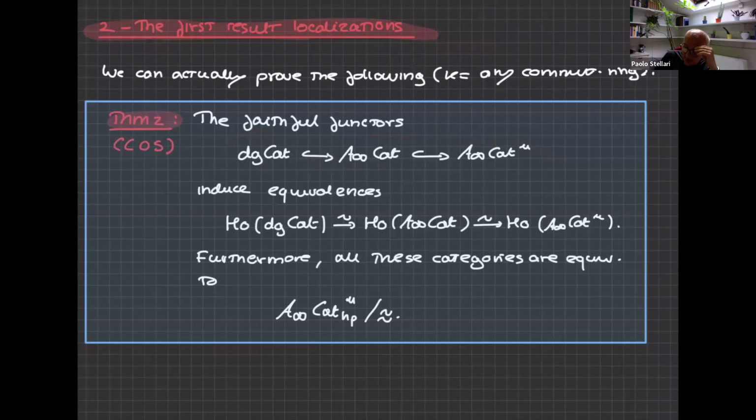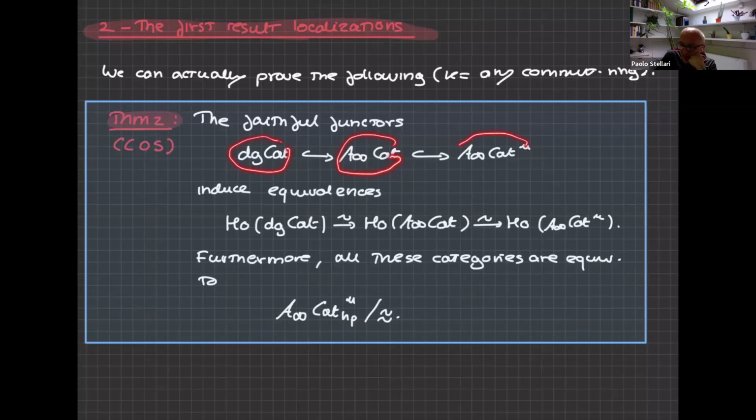The functors are only faithful, so this inclusion has to be taken with some care. It's not a fully faithful functor, it's just faithful, because between dg categories we can have infinity functors which are not dg.